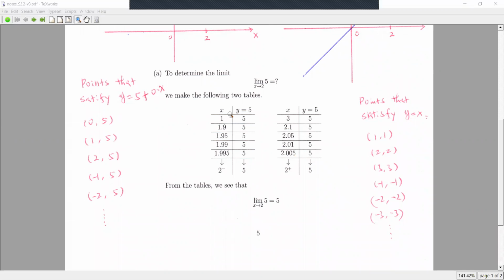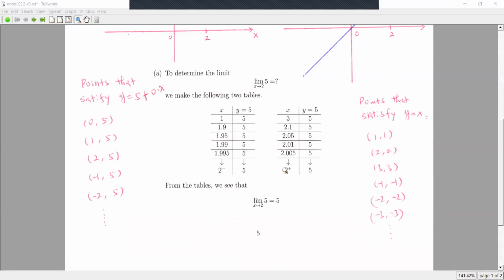In the first table, I let x approach 2 from the left-hand side. The function at these points are always 5. Therefore, when x approaches 2 from the left, the function or dependent variable approaches 5.